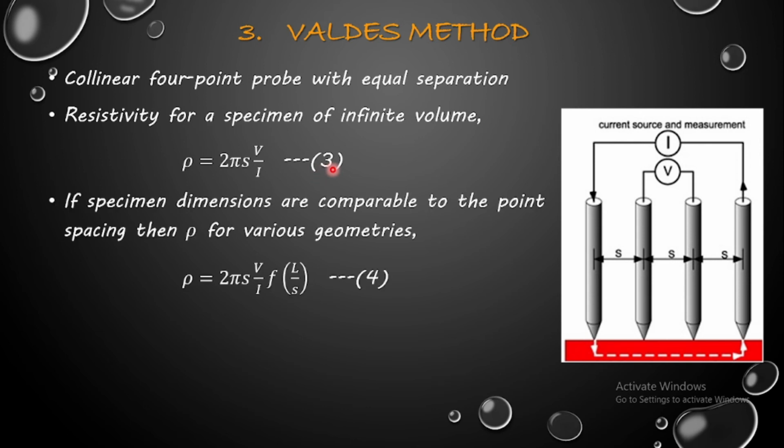And if the specimen dimensions are comparable to the point spacing, that is, if the length or other parameters are comparable to the spacing between the probes, then the resistivity for various geometries and different types of boundaries is given as rho equals 2 pi S V by I into F of L by S. Here L is the distance between the nearest probe and the limiting boundary, that is, with respect to the specimen we can just say length, and F is the function for several possible cases which has been calculated by Valdes, Wales, and Uhlir.